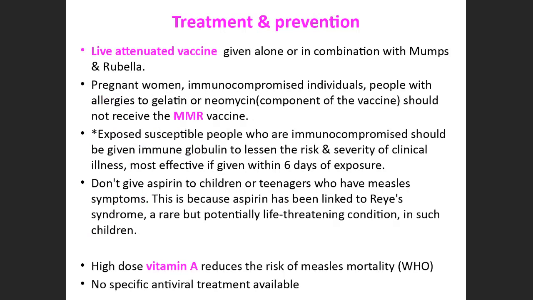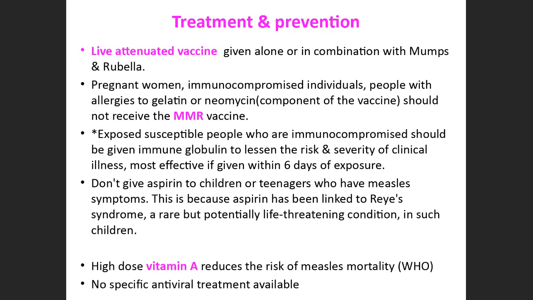Talking about treatment and prevention, we all know about the MMR vaccine. It is a live attenuated vaccine, either given alone or in combination with mumps and rubella, which is known as MMR. Immunocompromised individuals, pregnant women, and people with allergies to certain components present in this vaccine, like gelatin and neomycin, should not receive the MMR vaccine.